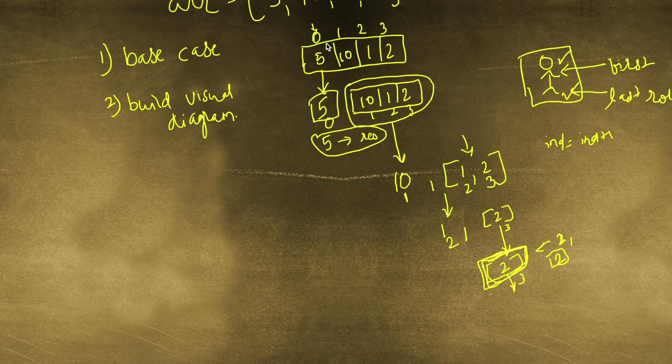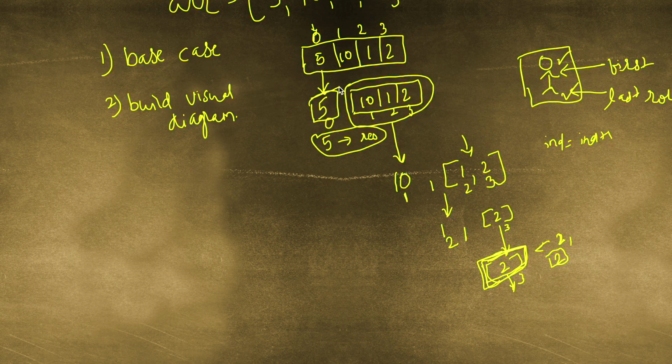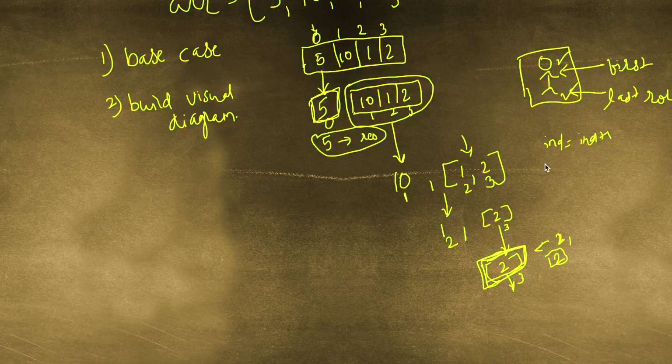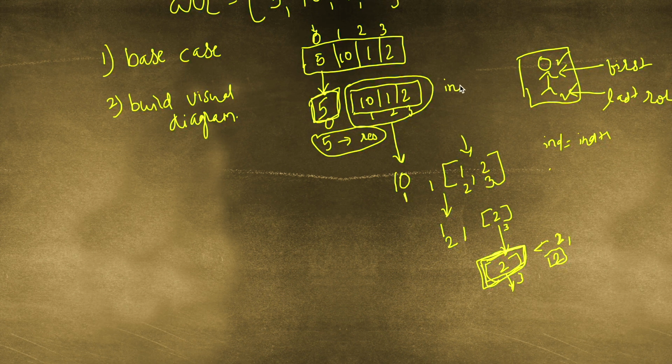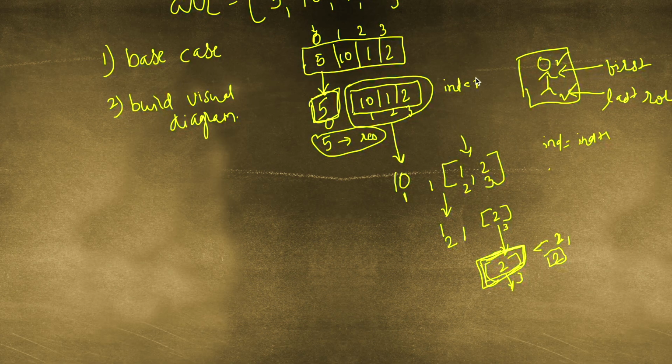I will split it into two virtual arrays, dividing this as one part and this as another part. How I can divide is simply to tell the recursion to bring the maximum from 1 to array.length.